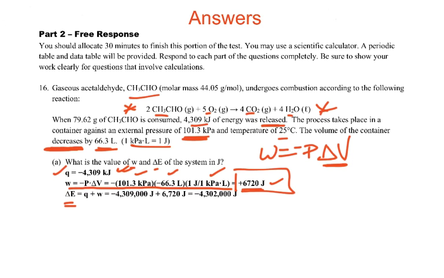And then the internal energy is the work and heat, so it's going to go down by, we change this to joules now, 4,309,000 joules instead of kilojoules. And it's going to go back up by 6720 joules. So bottom line is the change in the energy is negative 4,302,000 joules, or we could say it's negative 4302 kilojoules. But watch out those units, one's joules, one's kilojoules.